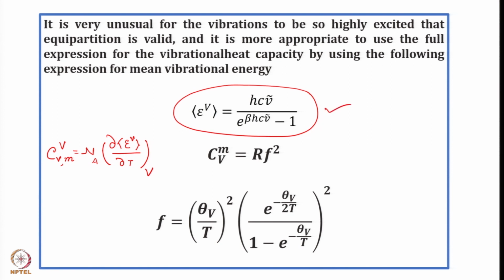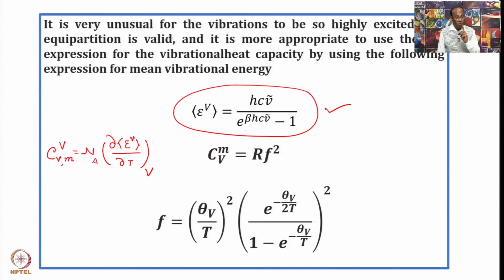Now, you see here your expression is in terms of beta. So, it will be a good idea to use the other form of CV in which the derivative is with respect to beta.